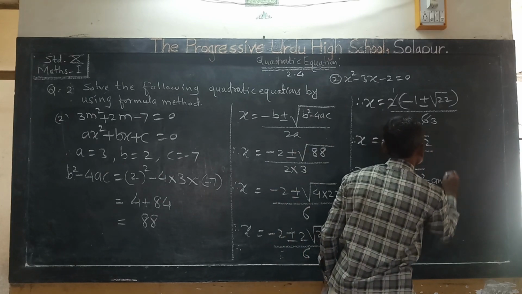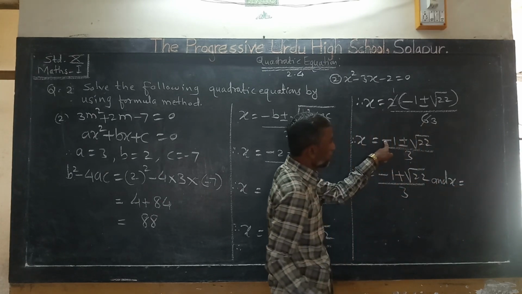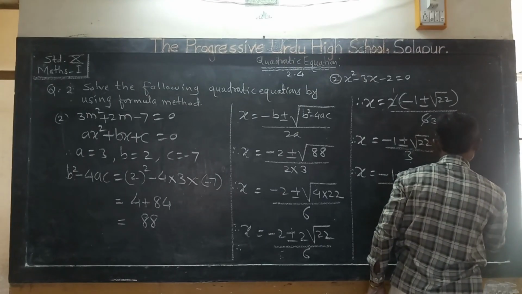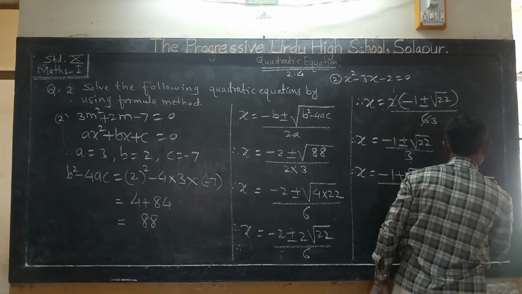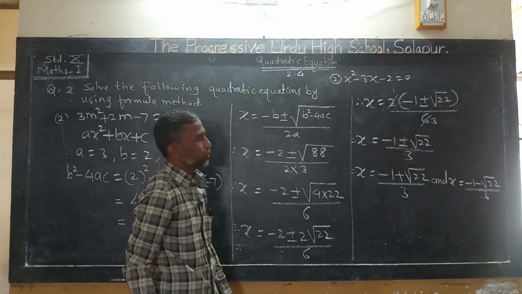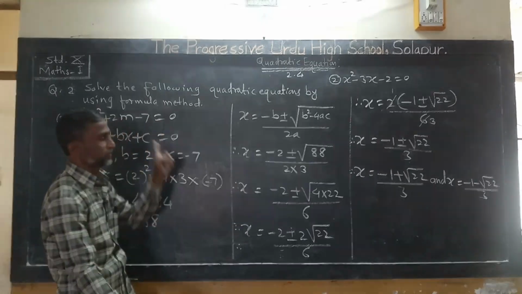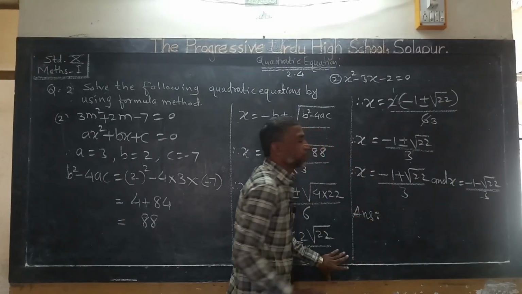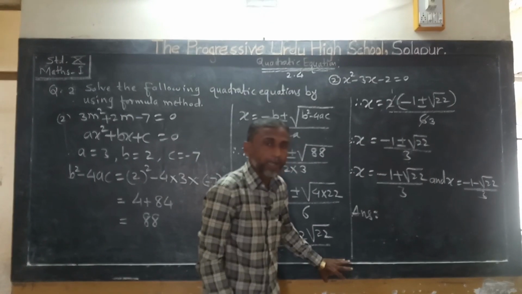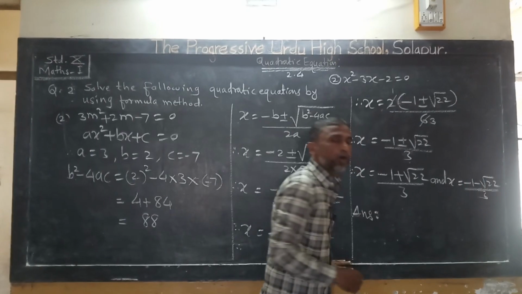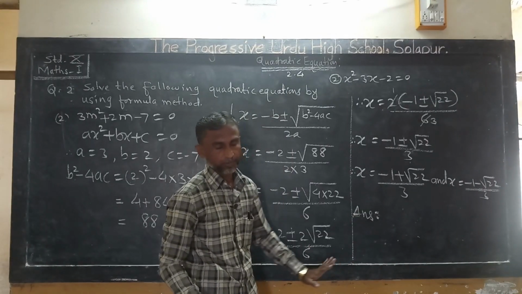And x is equal to minus 1 minus root 22 upon 3. So these 2 are the solution of this quadratic equation. In the last line, write the answer: minus 1 plus root 22 by 3 and minus 1 minus root 22 by 3 are the solution of this quadratic equation.